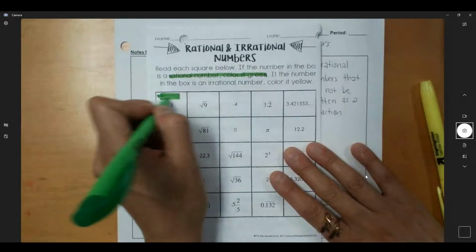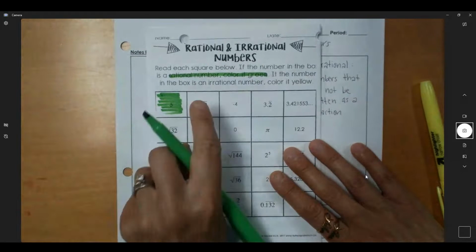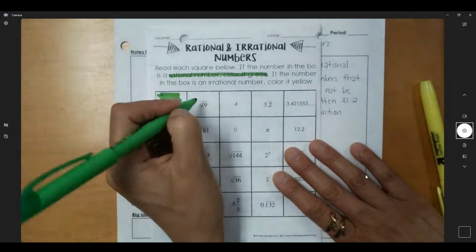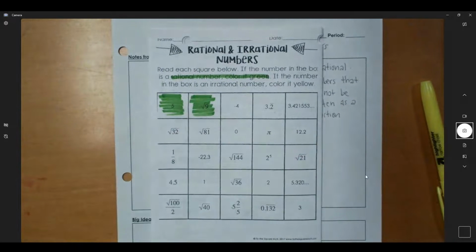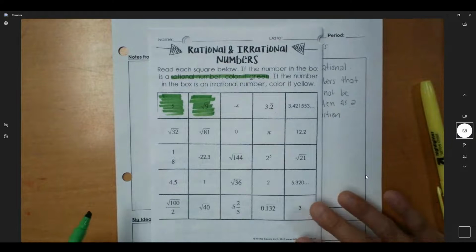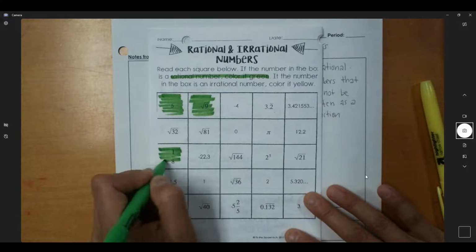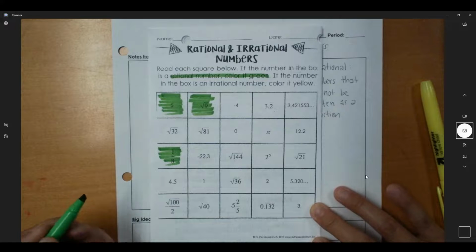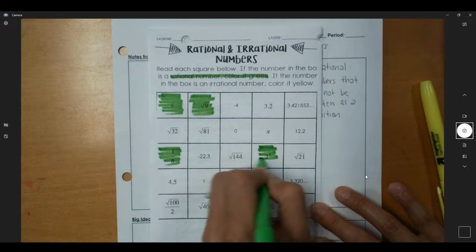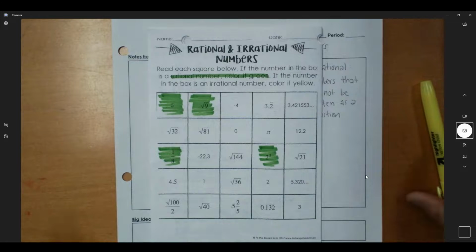So 5 can be written as 5/1, so that's good. The square root of 9 can be written as 3, right, which is 3/1, so that's a good example. Let's see another one. 1/8, there's a good example. 2 to the 5th power, that's a good example, and you guys can fill in the rest.